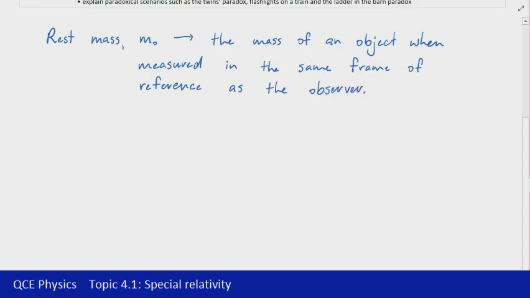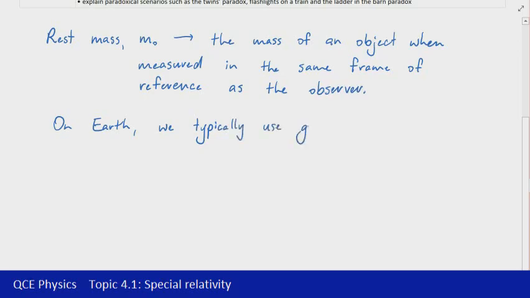Note that we didn't have a term for relativistic mass in that dot point in the syllabus, so we'll talk about that a bit later in this video, just to draw your attention to that now. But what we're going to consider here is that on Earth, when we're talking about measuring mass, we typically have to use gravity in order to measure what that mass is.